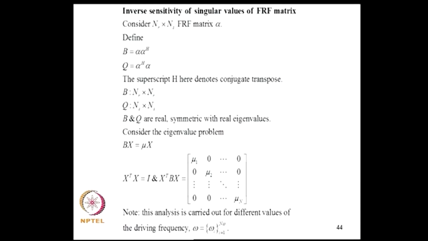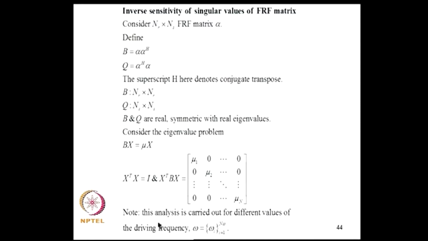Now, motivated by this, we can consider problems of inverse sensitivity of singular values of the FRF matrix. We can do a single inverse sensitivity analysis with respect to CMIF itself, for example. We have introduced these notations. Now, B and Q are these matrices. I will consider the eigenvalue problem for B, and I have these relations.